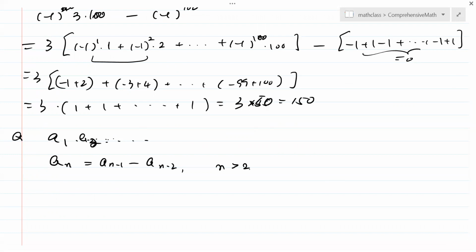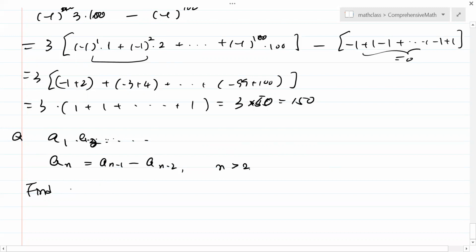What I want to do is find the sum of the first, how many terms am I going to ask for? It doesn't matter, the first 100 terms. I have to give you the first two terms, right?